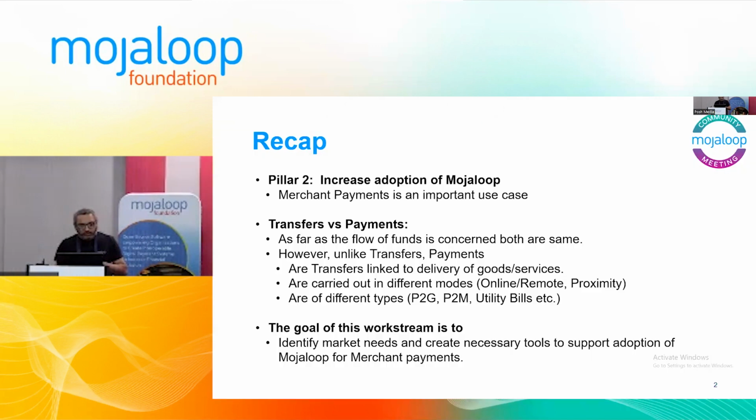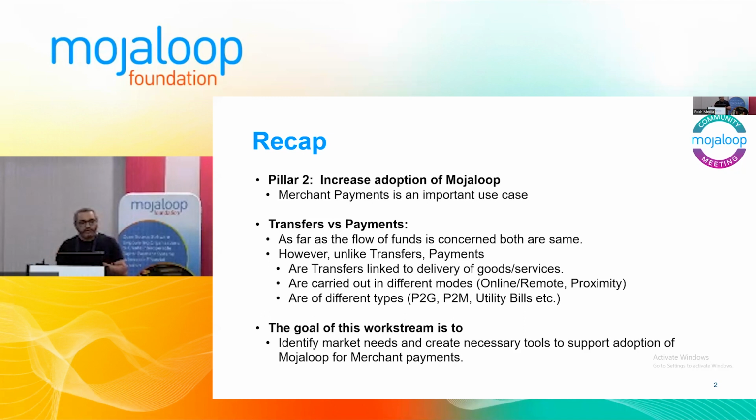So the idea is why we are working on merchant payments. It's an important use case. One can argue that Mojaloop does facilitate transfers, and that a merchant payment and a P2P transfer are one and the same thing. In reality, as far as the flow of funds is concerned, yes, it's the same thing.